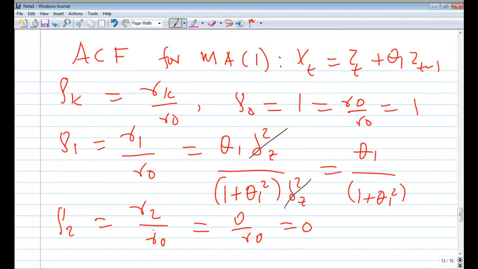I said rho 2 is equal to gamma 2 over gamma 0, and remember, the autocovariance function of order 2 is equal to 0. So this leads us to rho 2 being equal to 0. Okay, thank you.